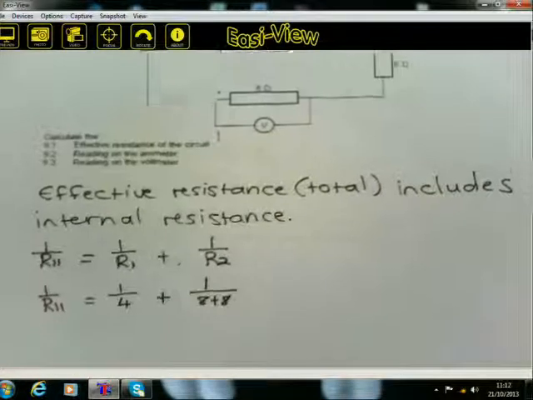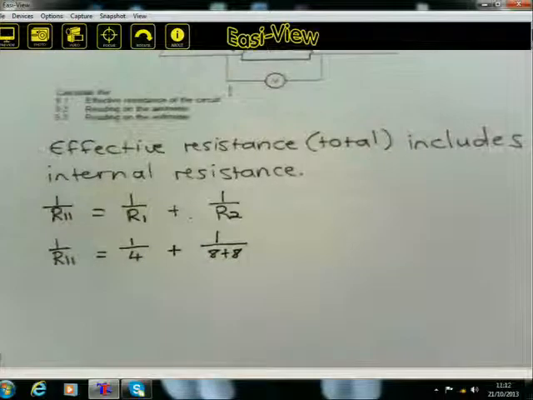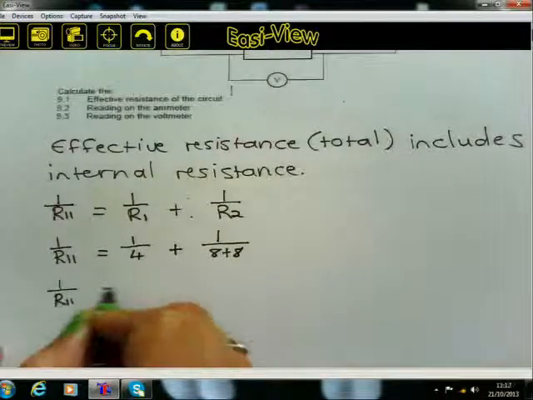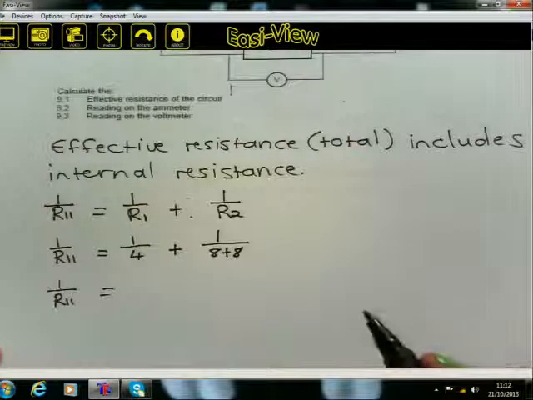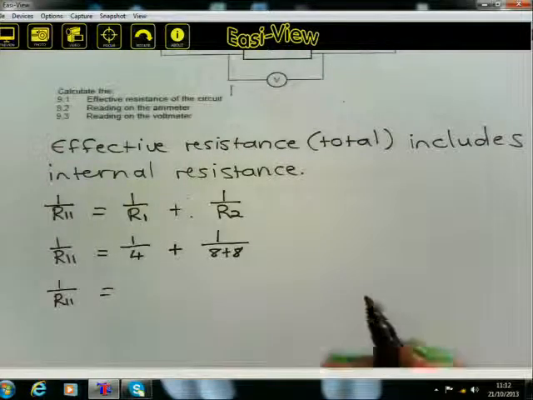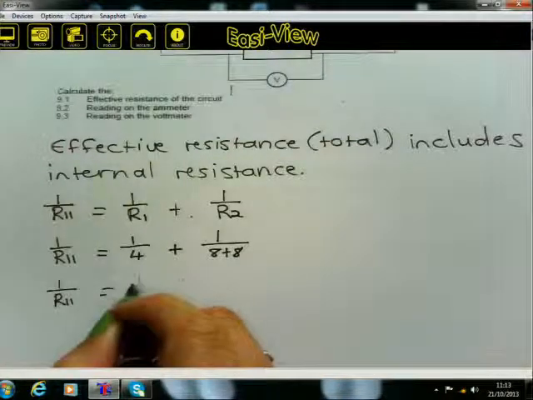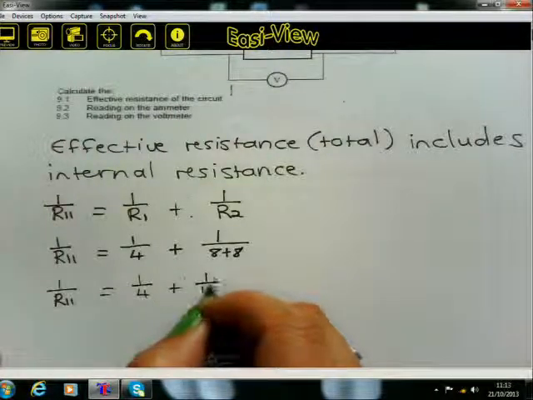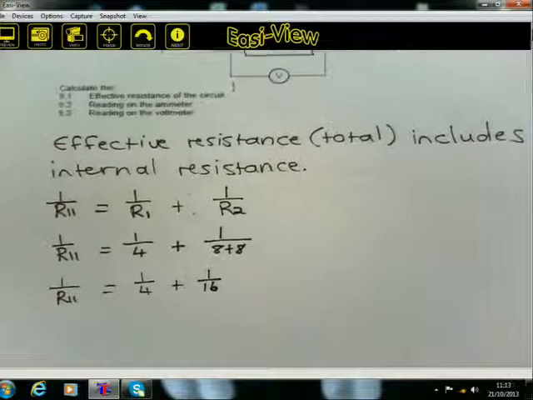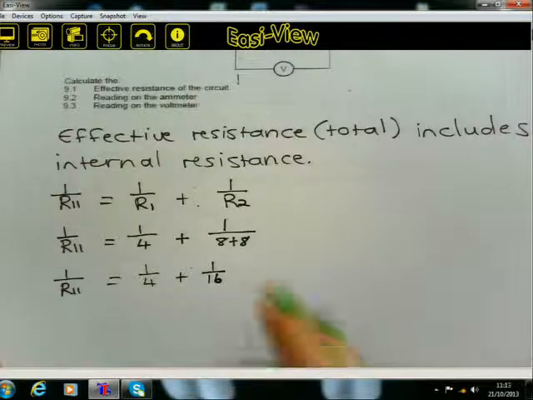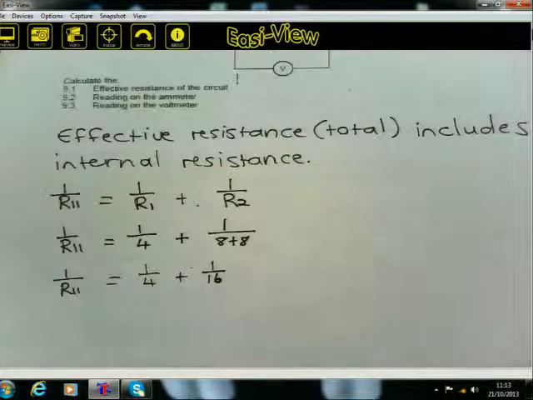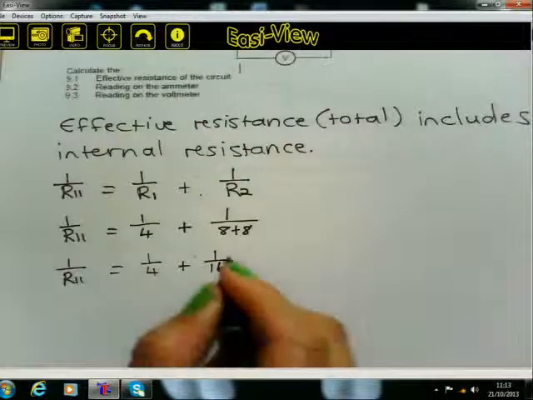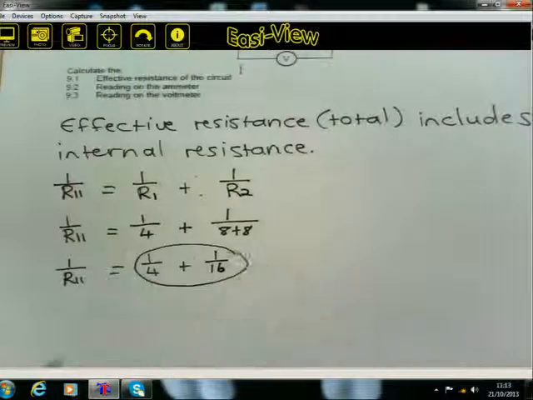Now once again, 1 over R parallel equals, please use your calculator for this. So we have 1 over 4 plus 1 over 16. Okay, you don't have to do all these steps. I just want to show you where everything comes from. It's not necessary to do all these, but please for this part, use your calculator.